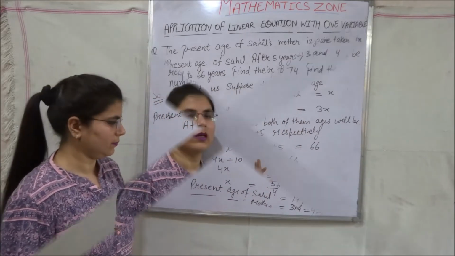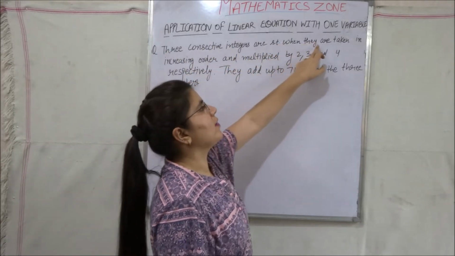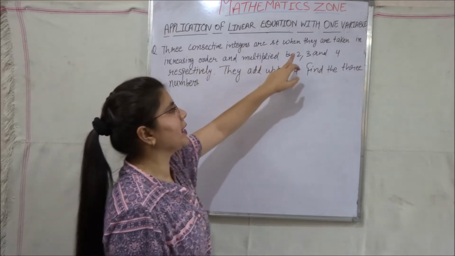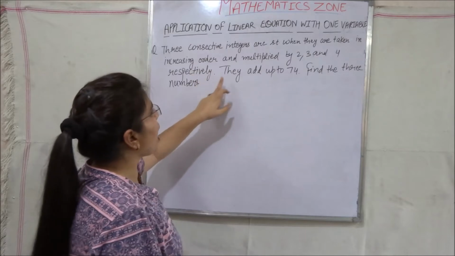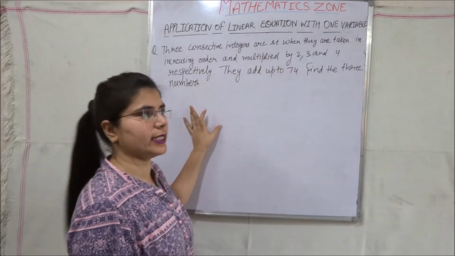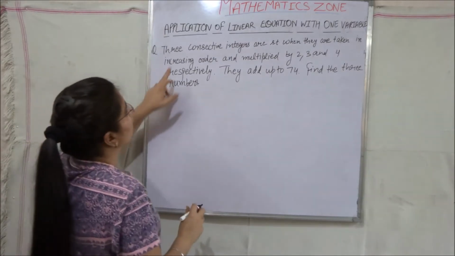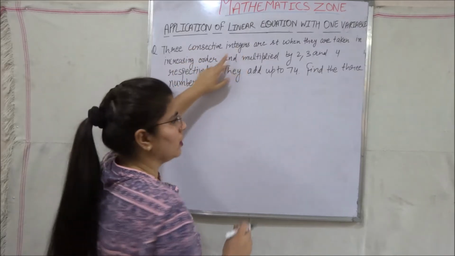That's all. Now here, the three consecutive integers are such that when they are taken in increasing order and multiplied by 2, 3 and 4 respectively, they add up to 74. Then find the three integers. Here we have been given the condition of three consecutive integers.